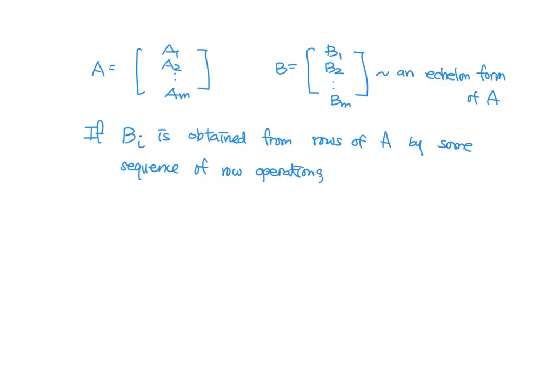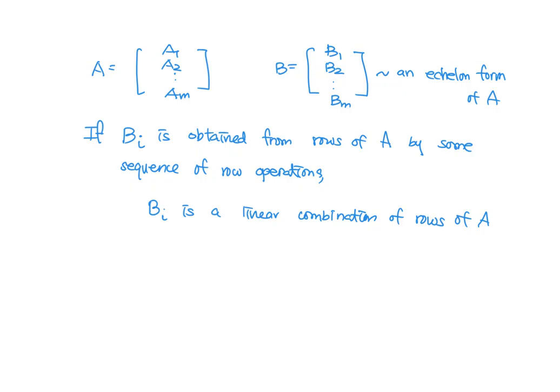If B1 is obtained by some replacement operation, then B1 can be written as a linear combination of 2 rows. Right? So if B1 up to Bm are results of some row operations, then each Bi is a linear combination of rows of the A matrix.